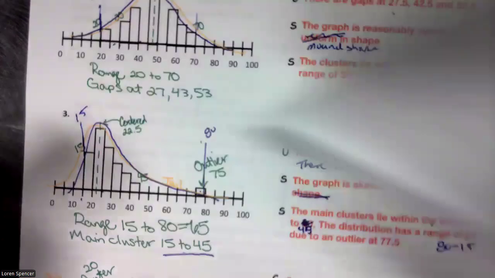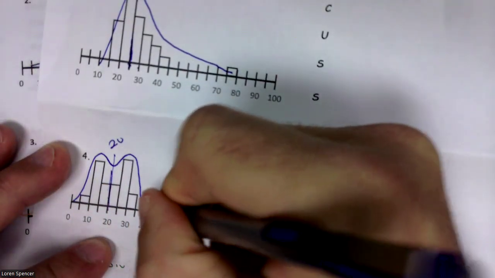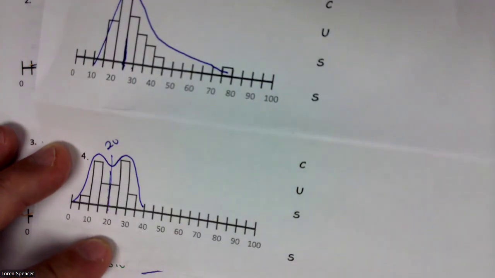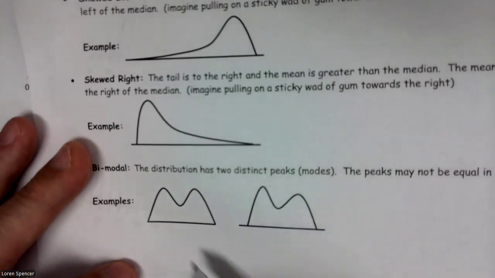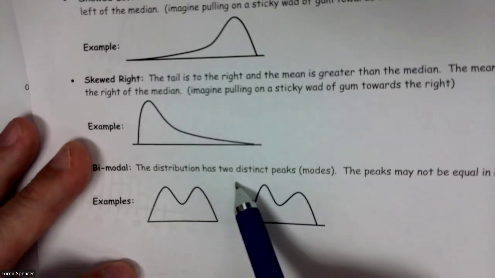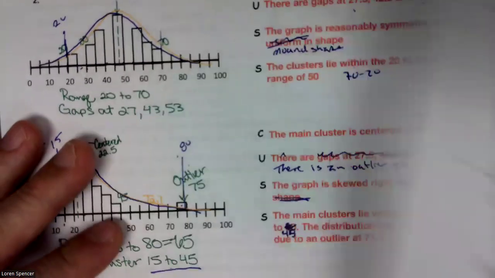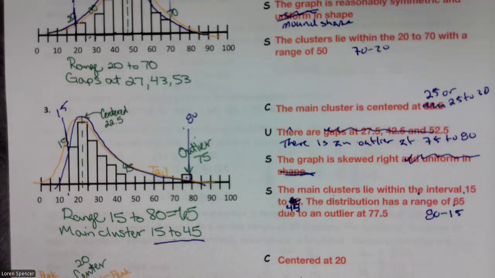The next thing, the shape. If I fit a curve to this, I'm going to go, oh, I have two humps. It's a camel. Yeah, it's bimodal. The peaks don't have to be the same, but it looks like I have two distinct peaks. So this looks like a bimodal distribution, and we need to say where those peaks are.